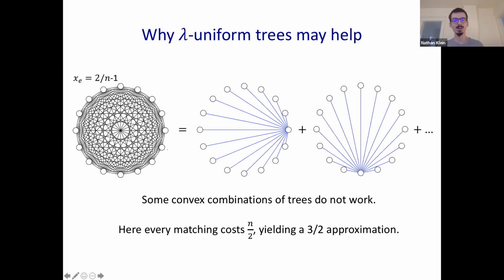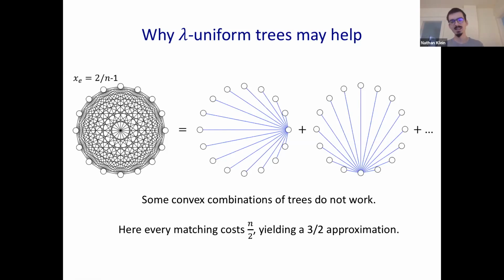Then a valid marginal preserving distribution is to write the point as a convex combination of n stars. But now in every tree we sample, every vertex has odd degree, and therefore every matching costs n over 2. So this would not work.